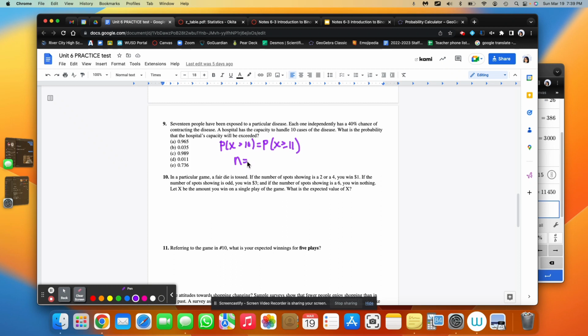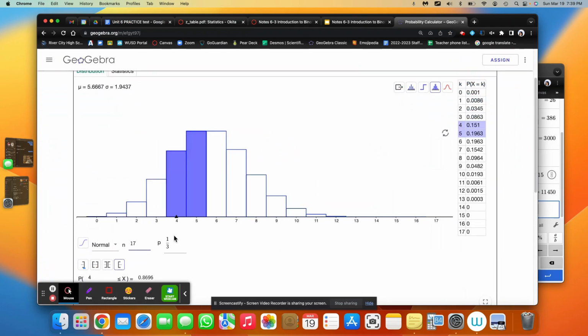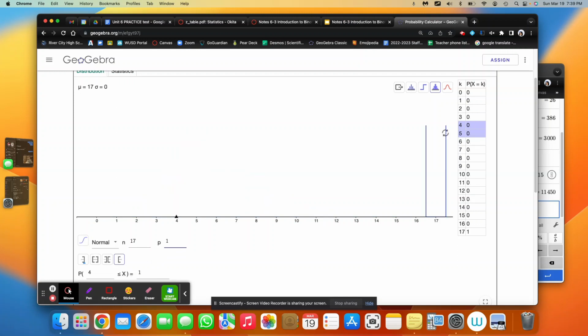In this case, n is the total number of people. In the first line, it says 17 people have been exposed to the disease. And then the probability of contracting the disease is 40%, so p is equal to 0.40. So we have 17 people, and the probability of contracting the disease is 0.4.